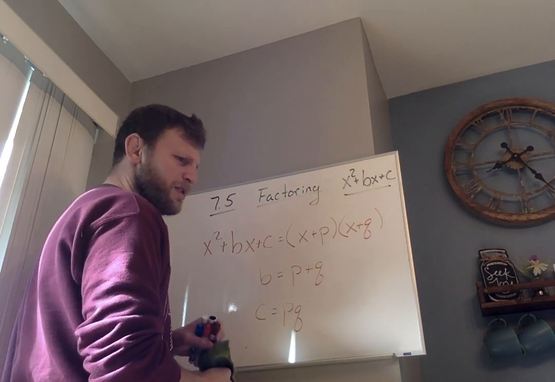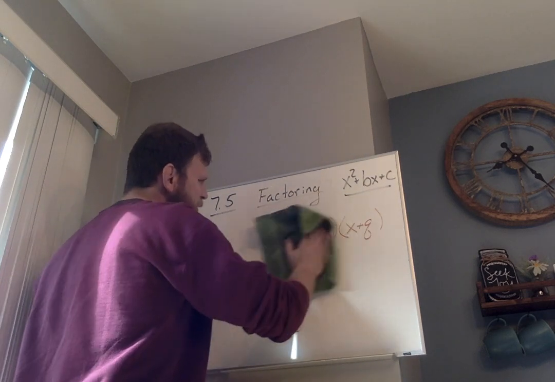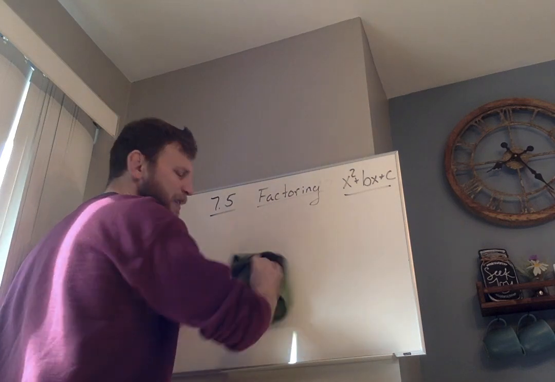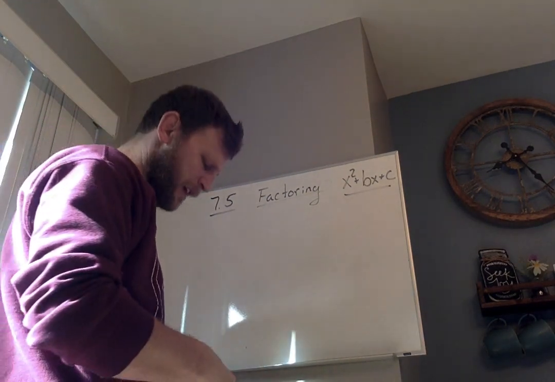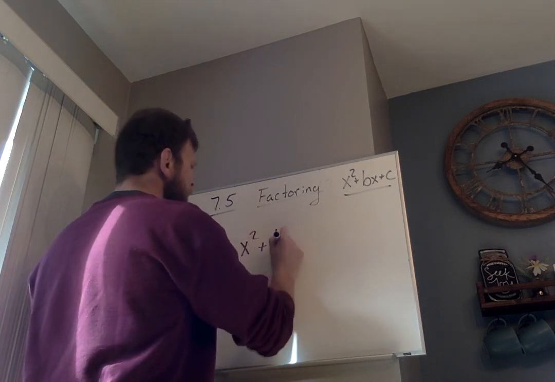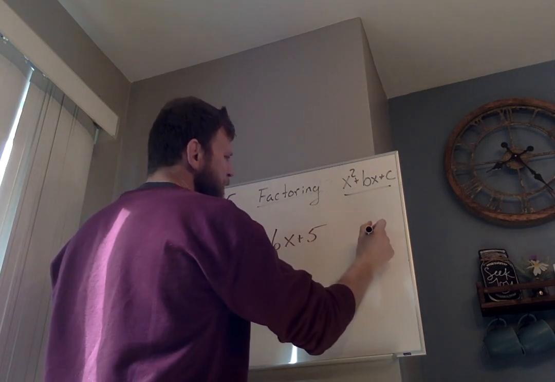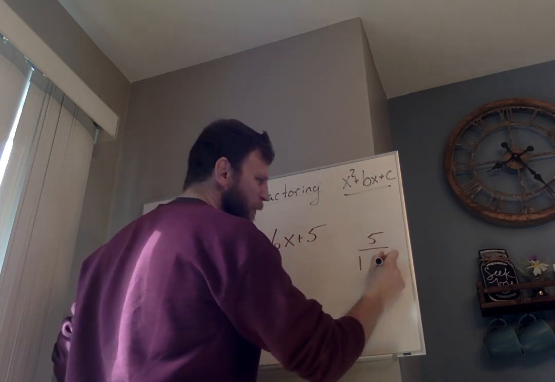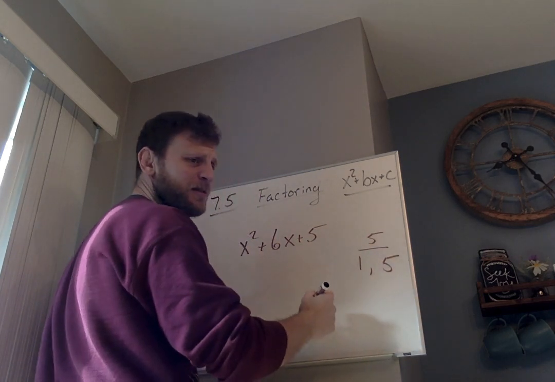All right. So in the example they give you in that box, we have x squared plus 6x plus 5. So I'm looking for the factors of 5 that add up to 6. So what are my factors of 5? 1 and 5. Is there any others?